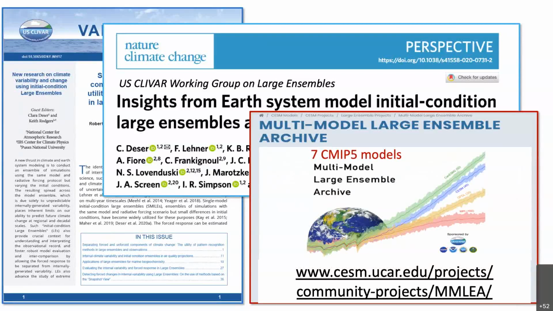And then finally, one of the activities of the working group was to make available the data from 7 existing initial condition large ensembles with CMIP5 models at the time. So there's one-stop shopping here. You can simply go to this web link and download the data directly from these 7 model large ensembles, whose ensemble sizes range from 16 to 100.